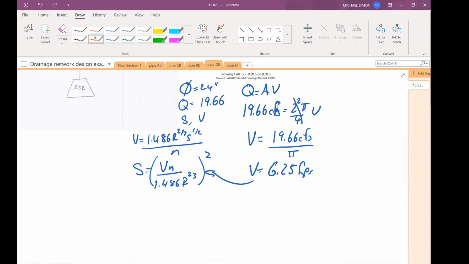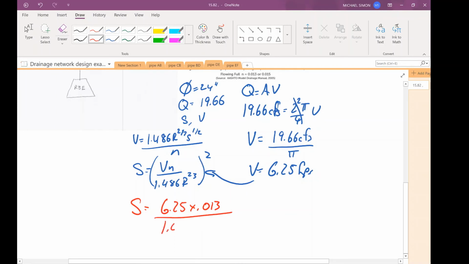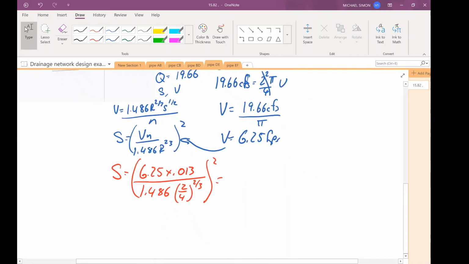Slope is equal to 6.25 times 0.013 over 1.486, 2 over 4 to the 2/3 squared. Again, pause the video, do the math on there, and then see if you match what I get. So while you're pausing it, I'm going to do the math.